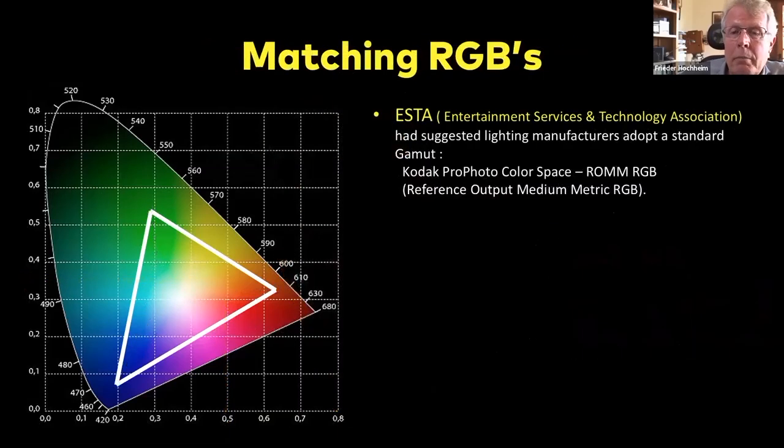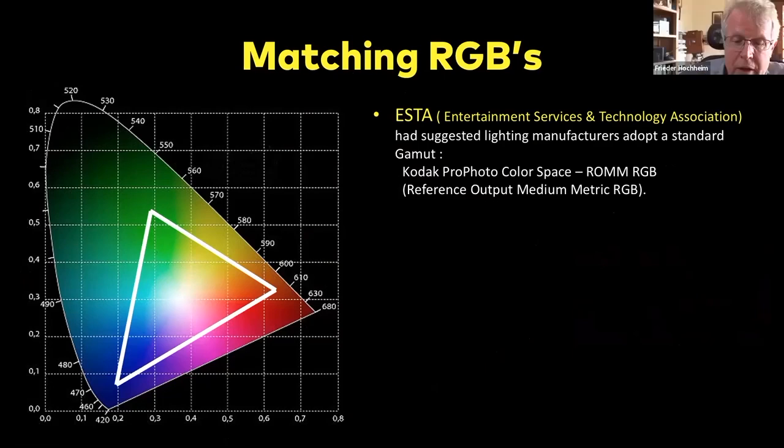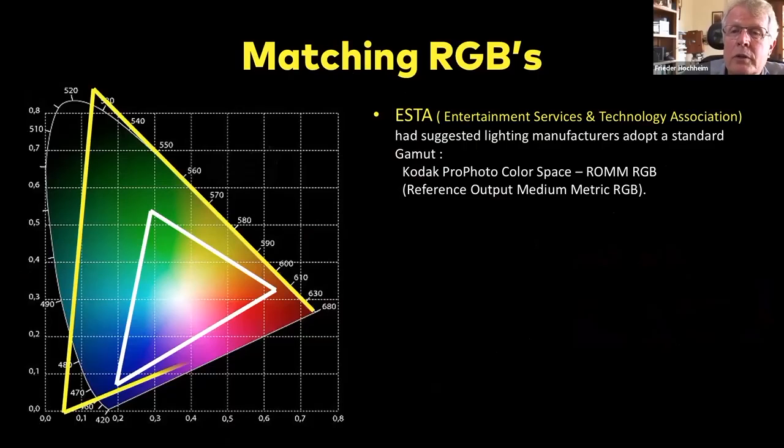When we look at our menu, you're going to see a number of gamuts displayed, including one that is ESTA. I'm only mentioning this now because it's on all the devices now, but we're going to be dropping it. ESTA is the Entertainment Services and Technology Association. When they first got involved in trying to come up with some way of harmonizing gel colors, they said, well, let's go to the biggest possible gamut and try to map everything within that.